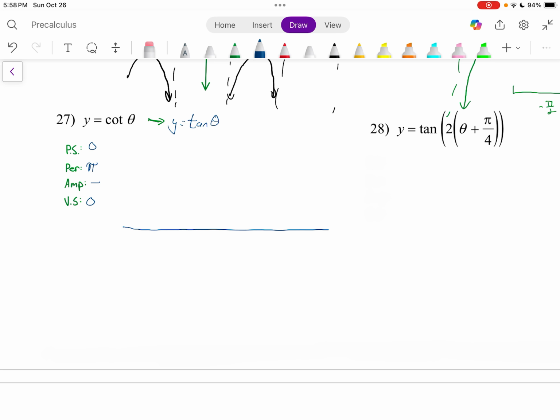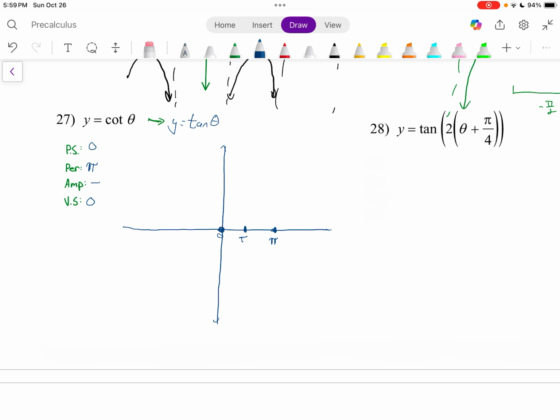Since there's no phase shift, we can put our y-axis right in there. Here's 0, pi, halfway between there. So this is tangent. So these are both going to be zeros. Halfway between is going to be a vertical asymptote.